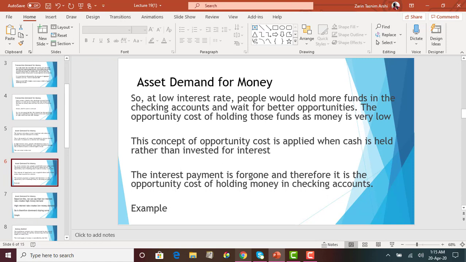So at low interest rate, people will hold more funds in the checking accounts. It does not make sense for them to keep it in the saving accounts because they're paying very low interest rates. So I will probably keep it in my checking account so I can use the money up. And the vice versa is also true. The concept of opportunity cost is actually applied when cash is held rather than invested on interest.